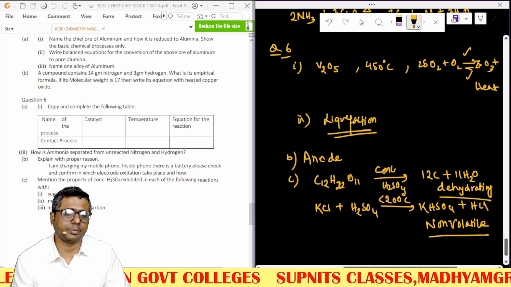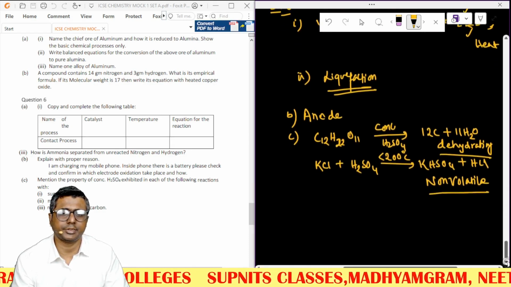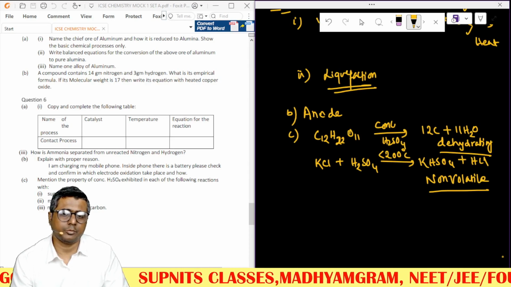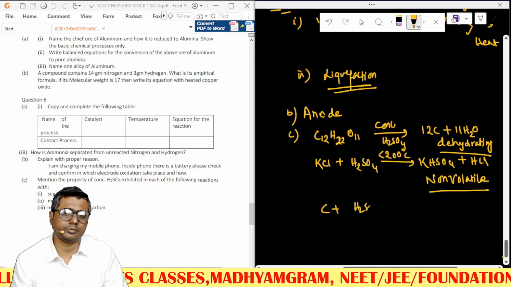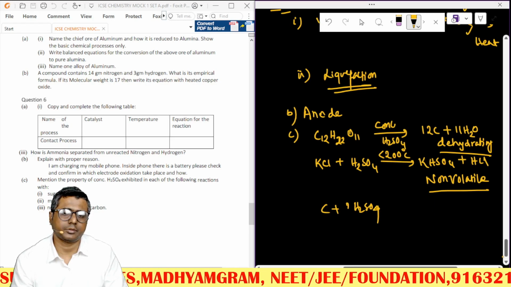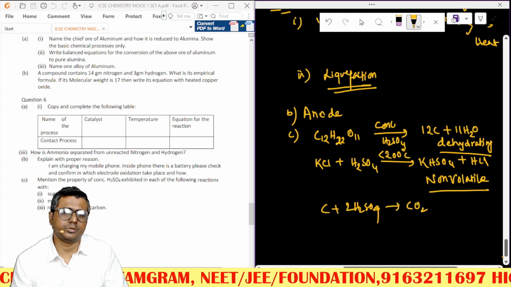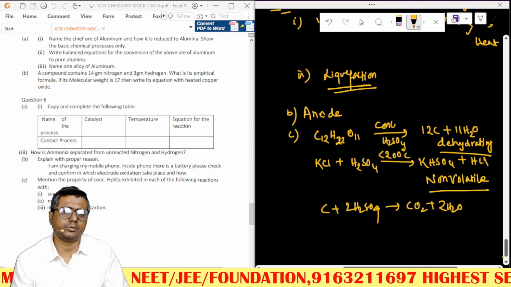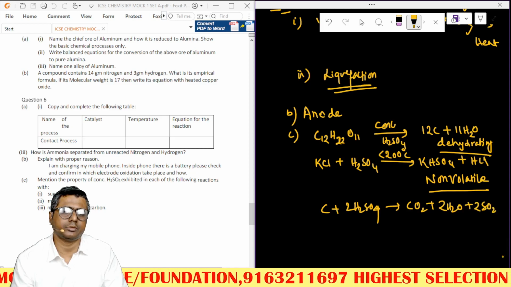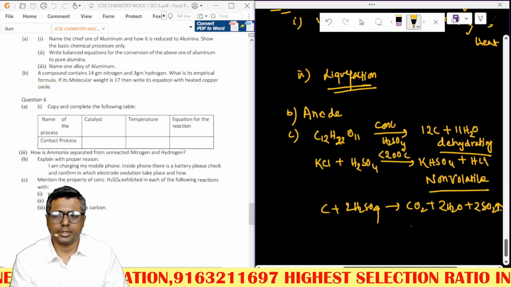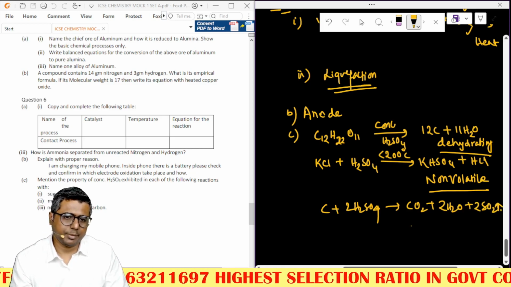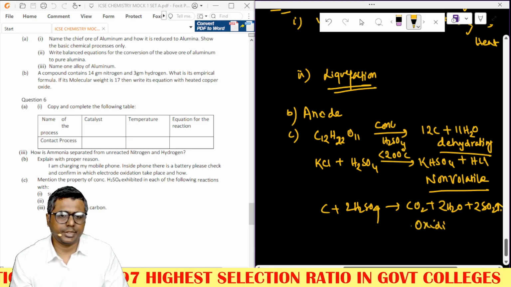Okay, dehydrating property, non-volatile property. Next, carbon plus H2SO4 gives CO2 plus 2H2O plus 2SO2. Tick. Mention the property: oxidizing property.